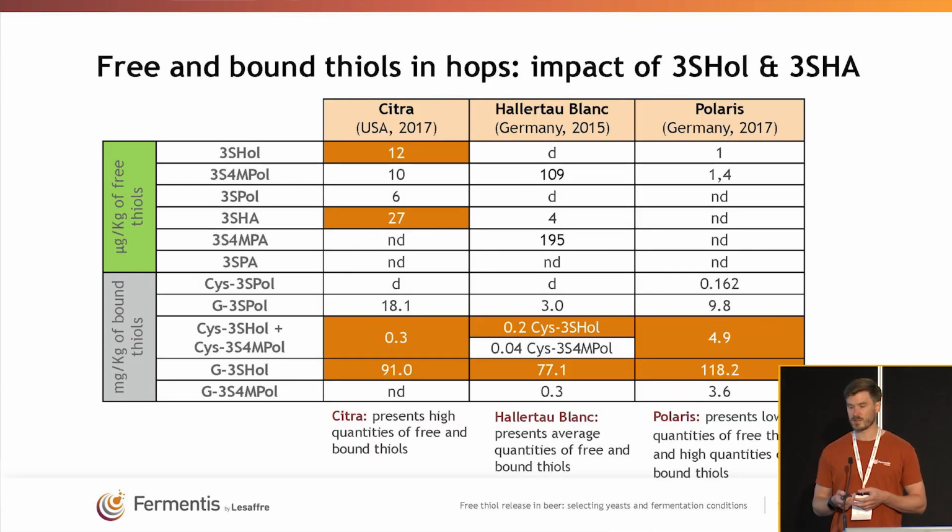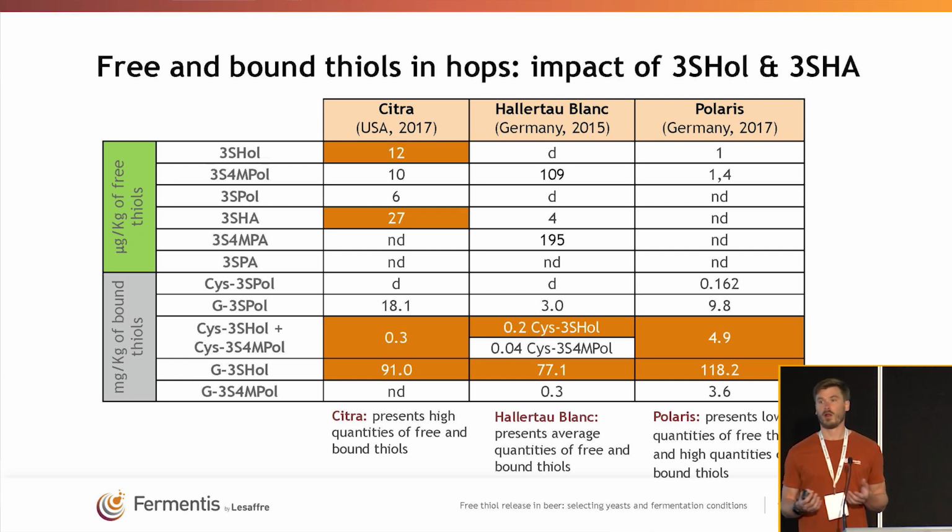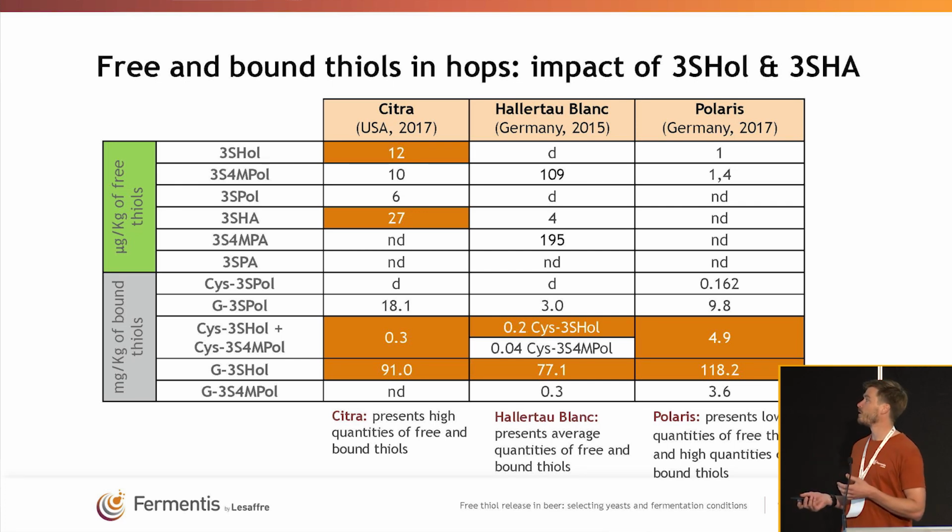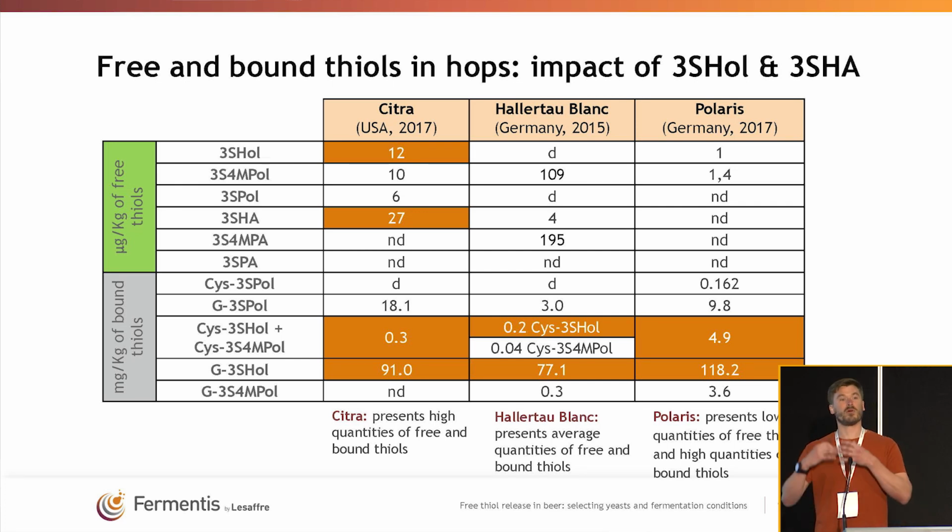And as we can see on this slide, each hop has different amounts of free thiols and bound thiols. Some hops have a lot of free thiols already from their nature. Some hops have a much higher amount of bound thiols compared to free thiols.